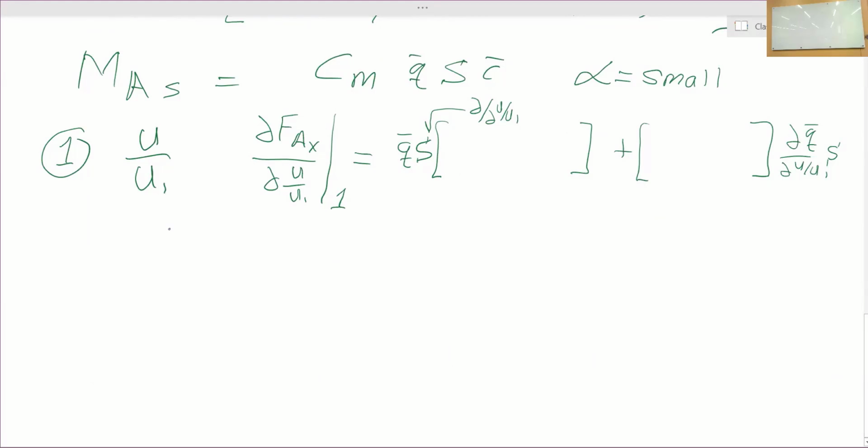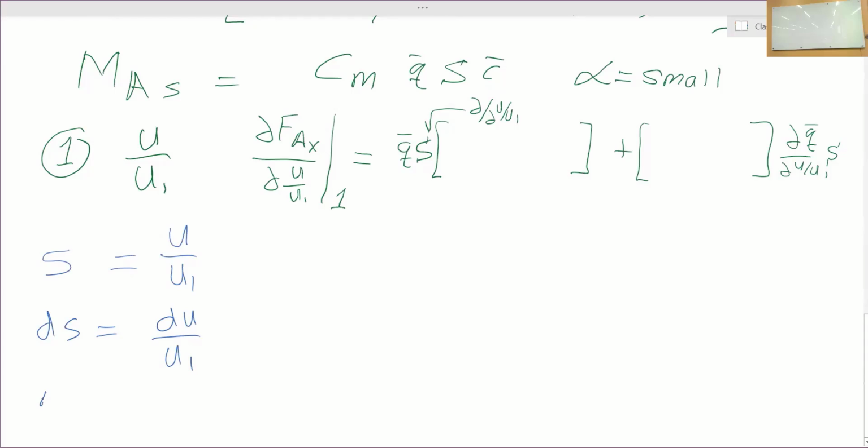The one thing we need to look at is this change in variable, because we're taking the derivative with respect to u over u1. So really we're saying, well, we have some other variable, call it s. It's called u over u1. And so if we're going to take the derivative, we're going to take ds. It's the same thing as du over u1.